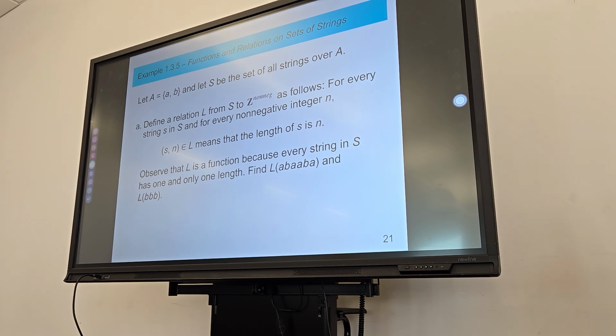For every string s in S and for every non-negative integer n, (s, n) is an element of L means that the length of s is n.